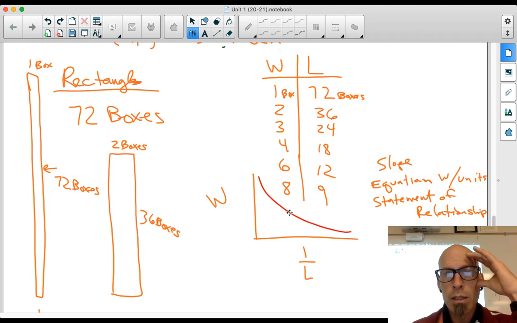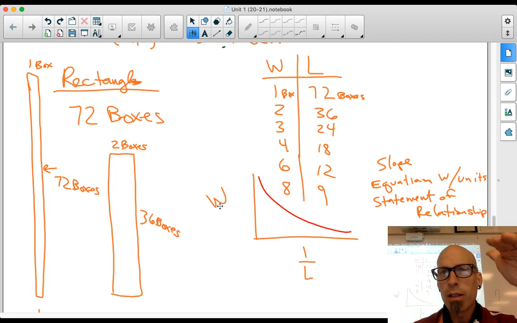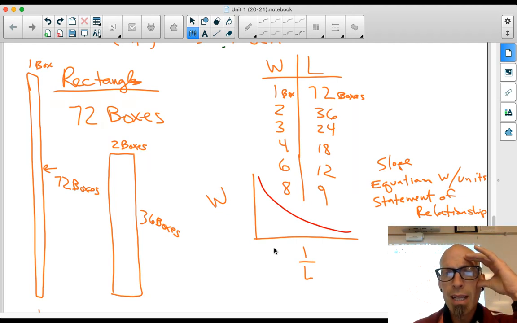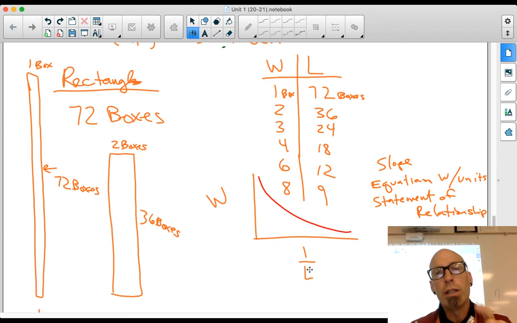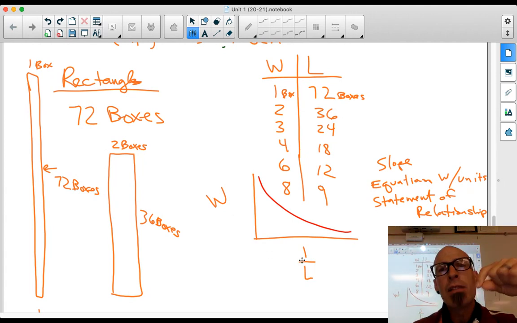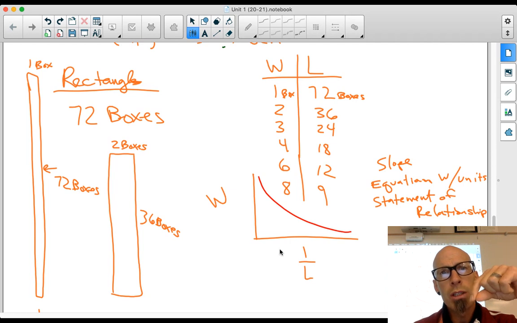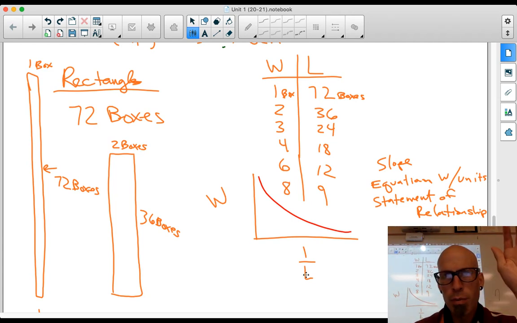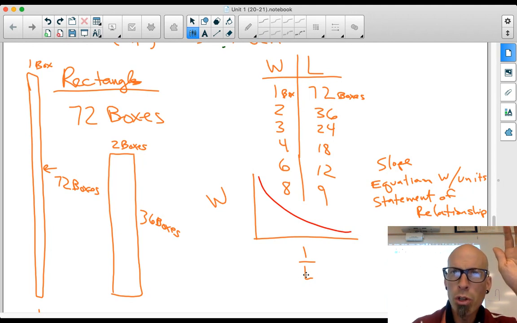So what we find out from that sheet is that the width is inversely proportional to the length, 1 over the length. You can say that two different ways: the width is inversely proportional to the length, or the width is directly proportional to the inverse of the length. They both mean the same thing.